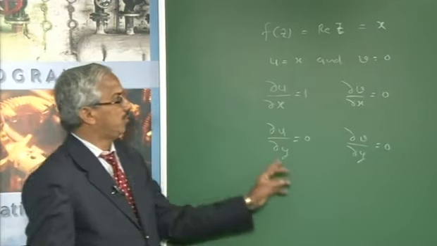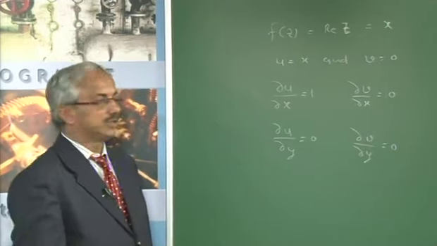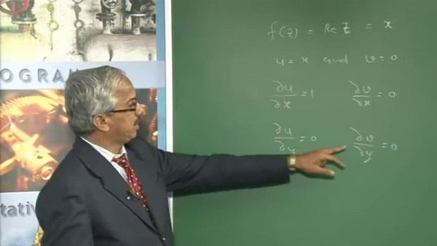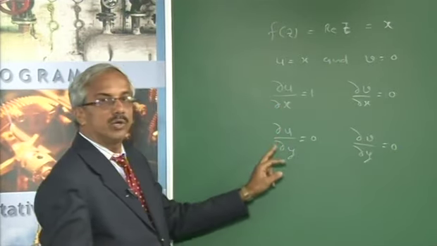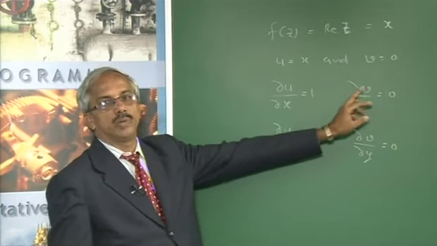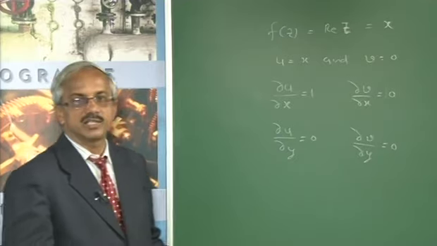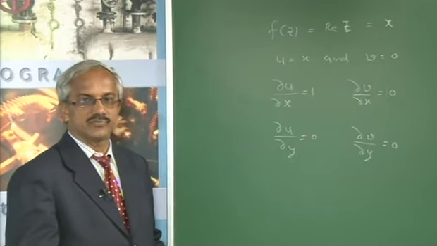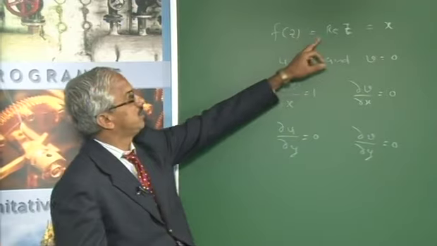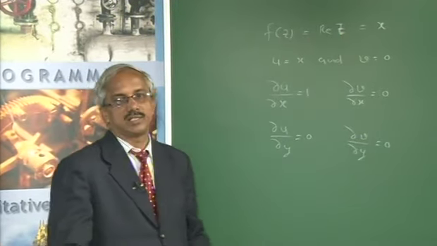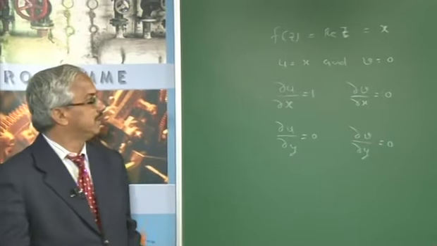We observe from the four relations here, ∂u/∂x is not equal to ∂v/∂y and ∂u/∂y is not equal to -∂v/∂x. Therefore, the necessary condition, the CR equations, is not satisfied. So, f(z) equal to the real part of z is not an analytic function.